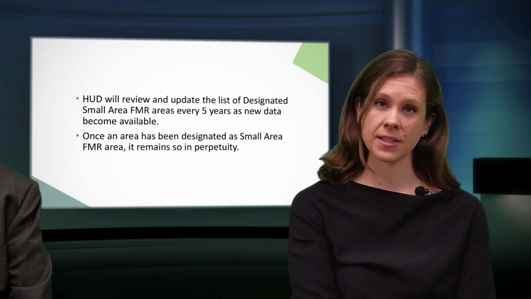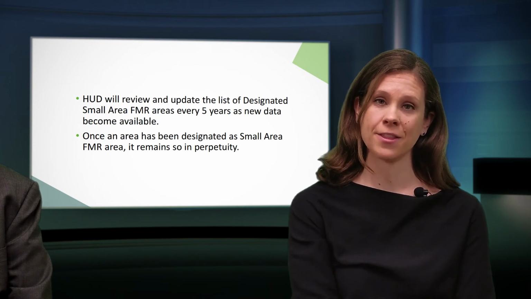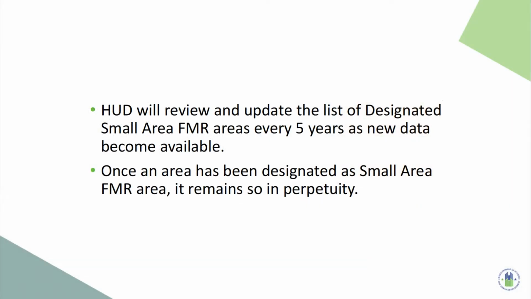The specific selection criteria used to identify the first round of designated small area FMR areas were specified in a separate Federal Register notice and may be updated by HUD in the future. Once an area has been designated as a small area FMR area, it remains so in perpetuity.